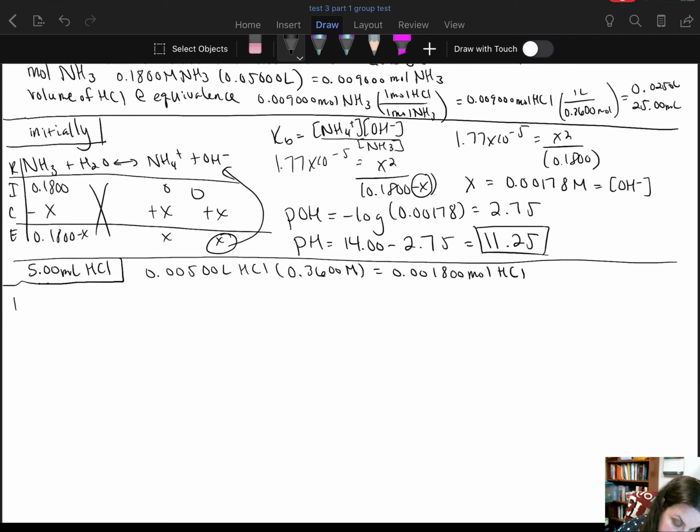So we have our NH3 plus our HCl goes to NH4Cl.